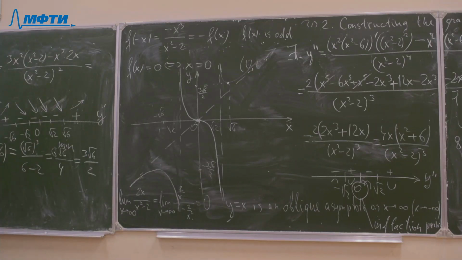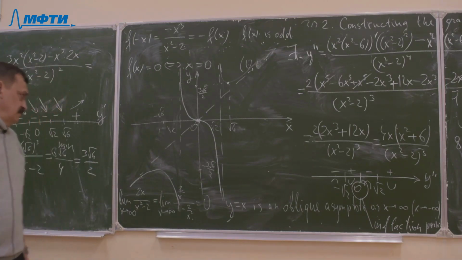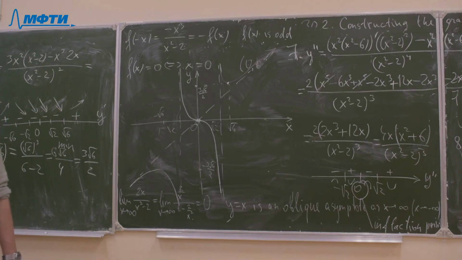So you see that the sketch of the graph was practically very similar to the final result, right? Okay, so sorry, I didn't want to change your example, but it was occasionally.